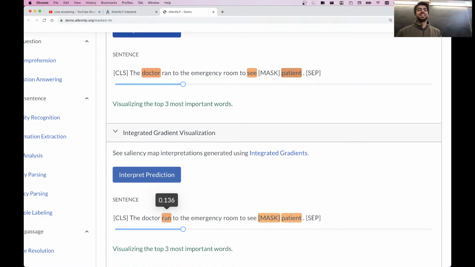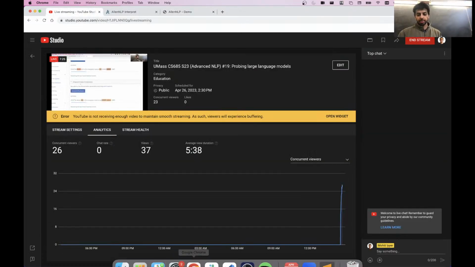So it's hard to draw conclusions from these kinds of things, and there are far more intricate methods that have been proposed to trace back through the attention maps exactly all the way from the top layer prediction to the very bottom to see what word is actually being attended over the most, but it's a very hard problem in general.